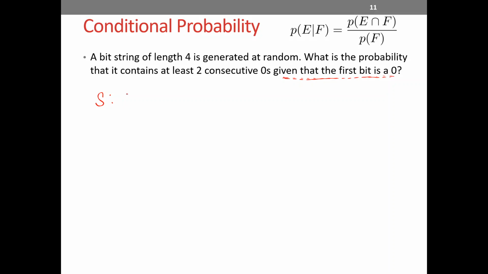We know how many such bit strings are possible: 2 to the 4, 16. Let E be the event that there are 2 consecutive zeros, and F is the given one, so the first bit is 0.